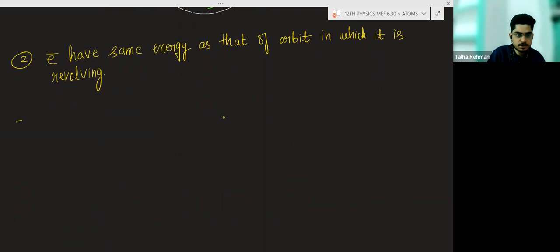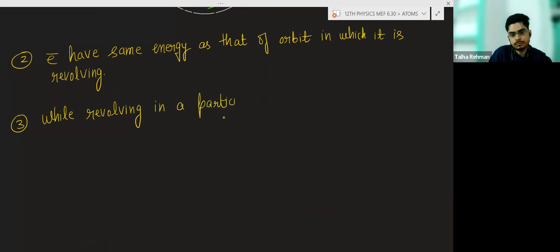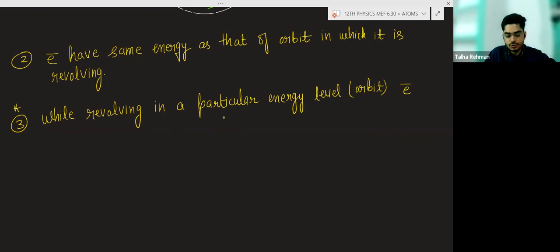So point number three: while revolving in a particular energy level, or you can say orbit, the electron does not emit any radiation. Very important point.